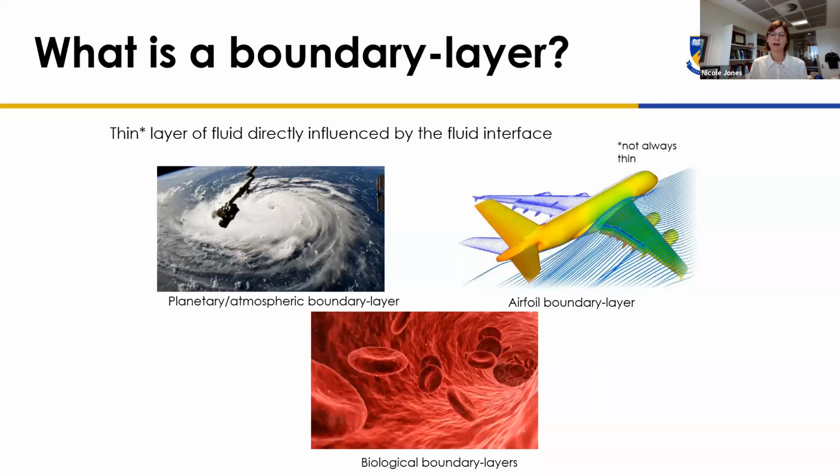So if we're talking about the boundary layers that form within the veins in our body. When we're talking about geophysical boundary layers, then one defining aspect that's almost uniformly applicable is that they're turbulent boundary layers.